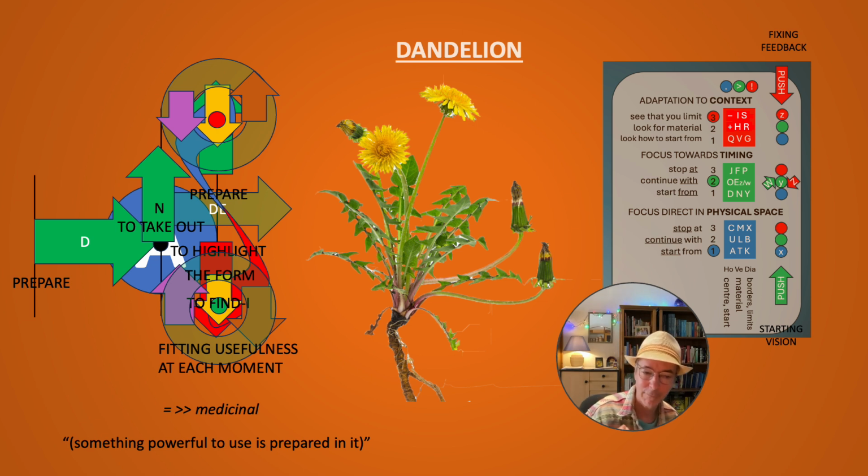There's something powerful in it to use, and that is prepared in it. The whole focus is describing that. It prepares itself, and it tries to get the elements out of the ground, in a constant interaction. That's the kind of thing that is described.